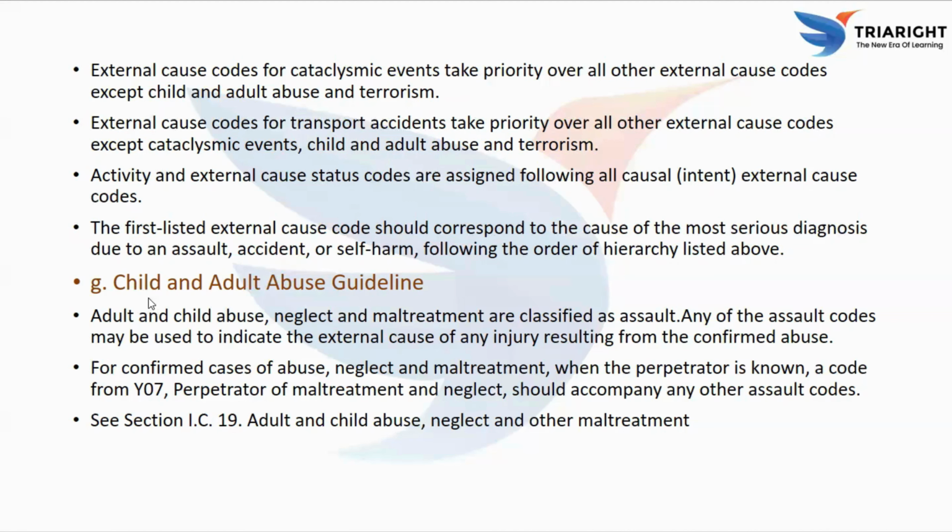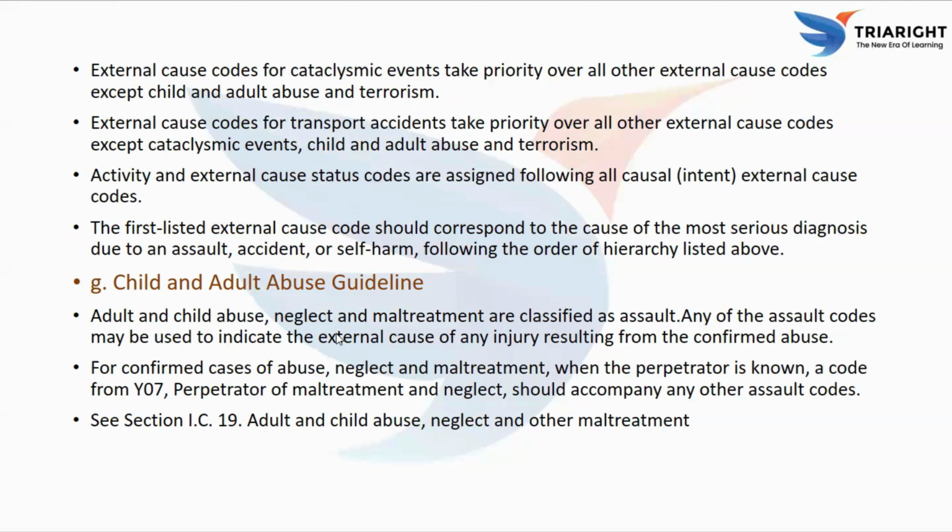The next guideline is regarding the child and adult abuse guideline. How is abuse classified? Child abuse, adult abuse, neglect and maltreatment are all classified as assault. This applies regardless of age, relationship to the perpetrator and type of injury. What are the coding rules for abuse?